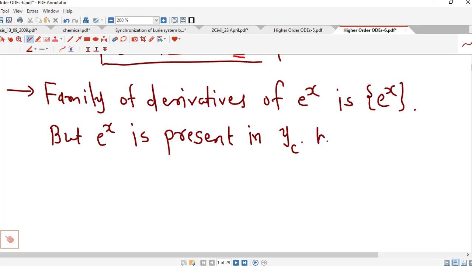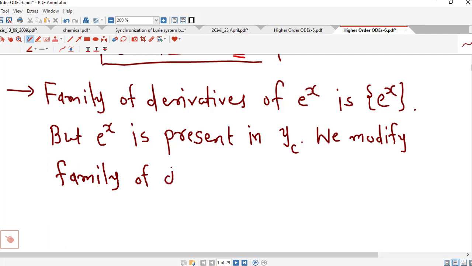So we modify the family of derivatives, and the modified family is x into e raised to x.